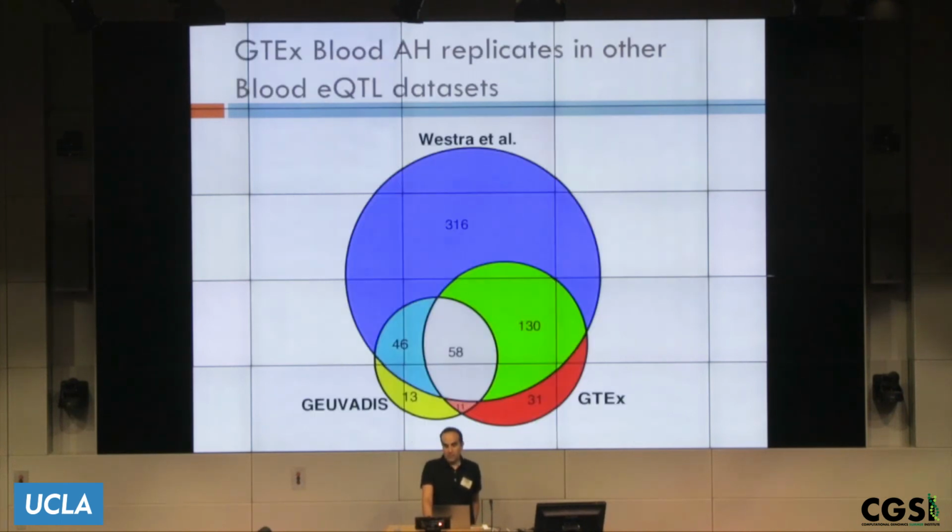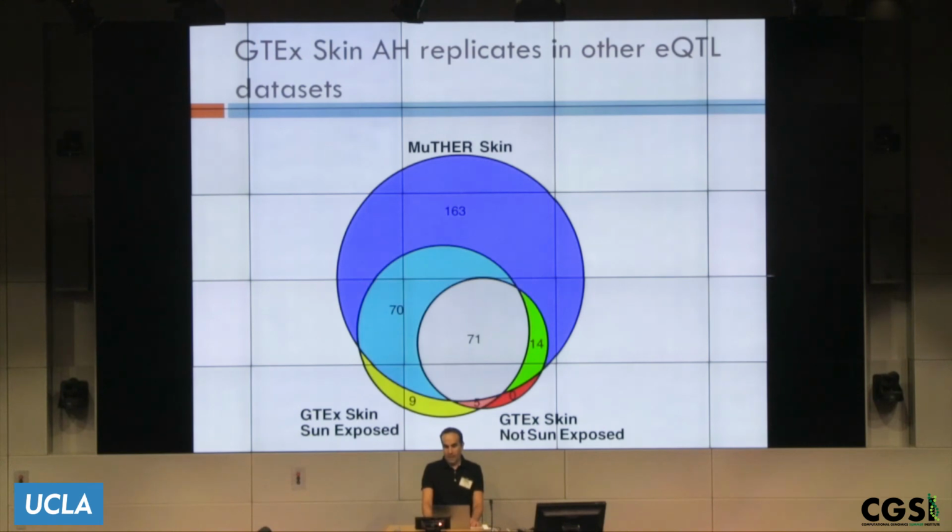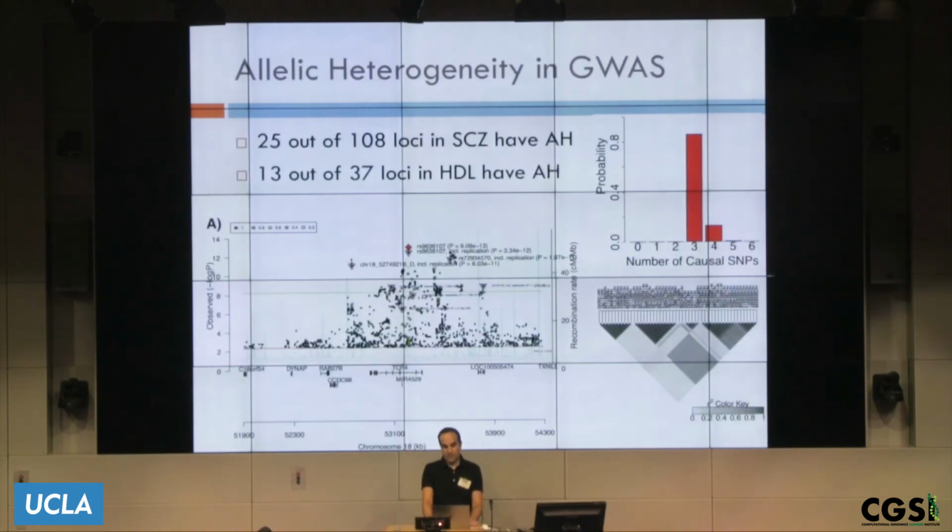We also looked at 3 different data sets of blood eQTLs, and we found a lot of overlap in where we find more than one SNP, so it's not an artifact of the data. And then finally, even more surprisingly, we looked at GWAS data: schizophrenia and HDL cholesterol.